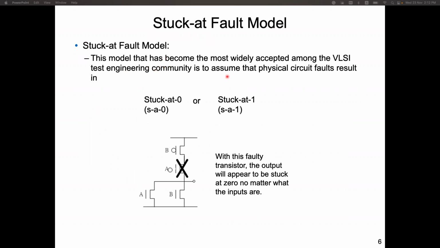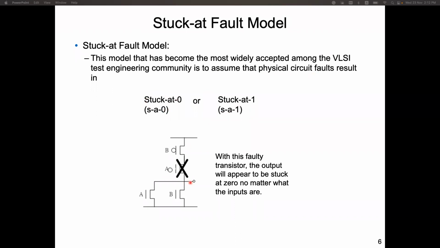This is the most widely adopted fault model among the VLSI test engineering community. It assumes that physical circuit faults result in stuck-at-0 or stuck-at-1 errors.